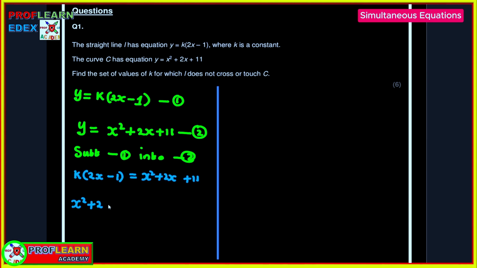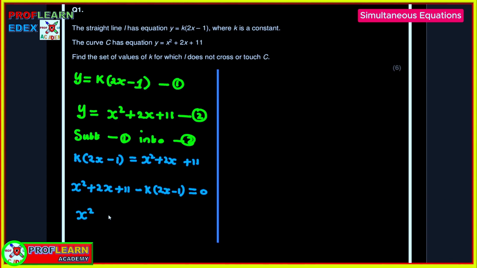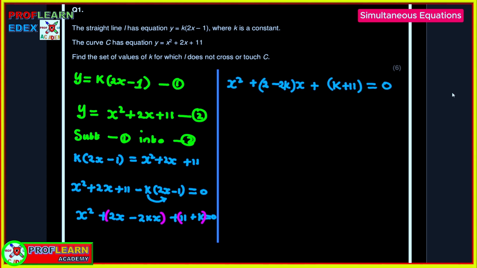We're going to expand and collect all the like terms together so that we can form a quadratic equation and be in a position to identify what is a, what is b, and what is c. So in this case, we have a quadratic equation where a is 1, b is 2 minus 2k, and c is k plus 11.